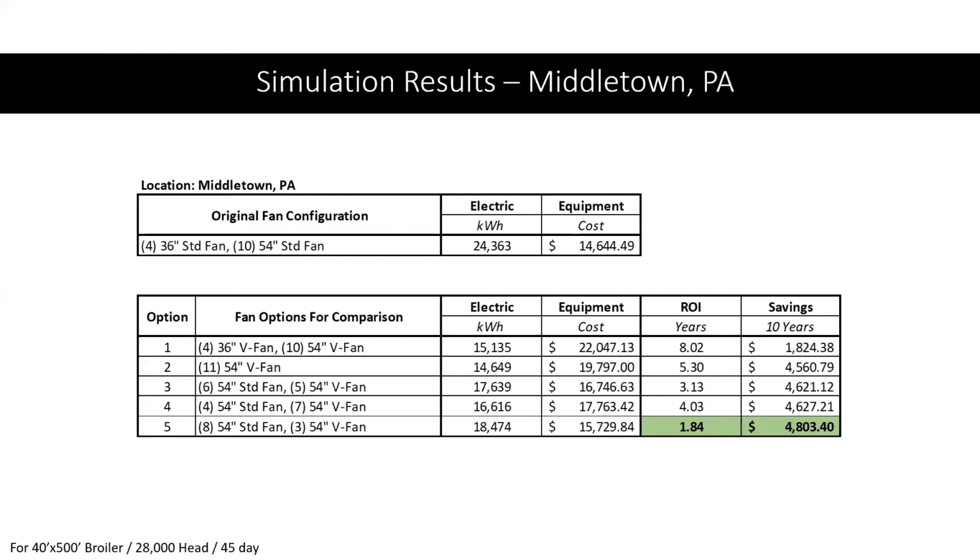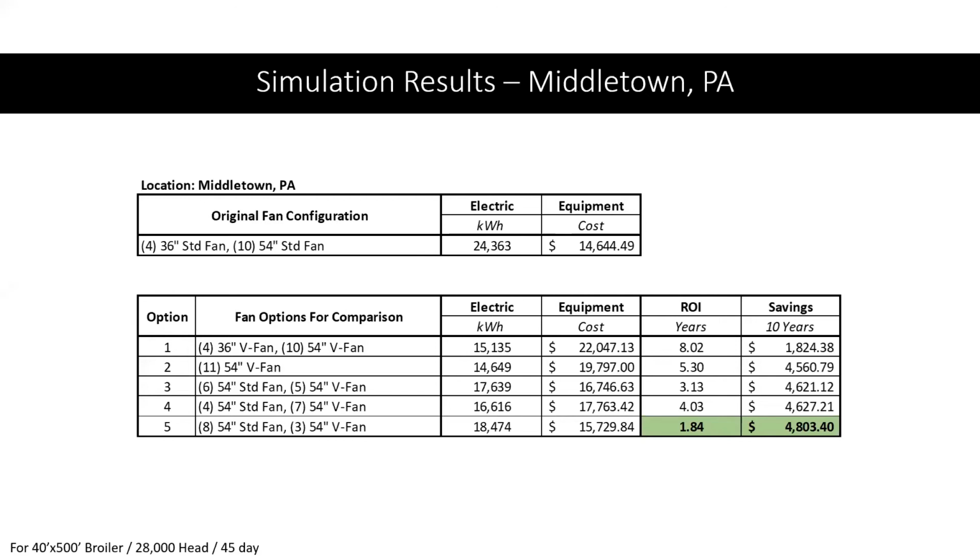So you can see in this scenario in Middletown, it would appear the greatest payback would be less than 2 years on 3 V fans and 8 54-inch fans. And you can see that the greatest 10-year payback is just under $5,000 in this scenario.